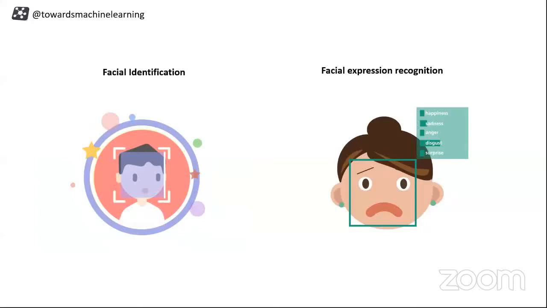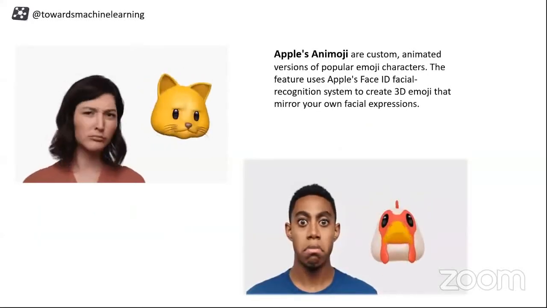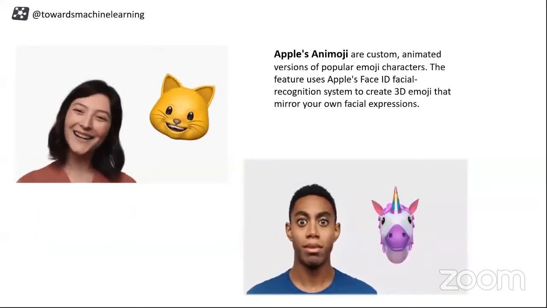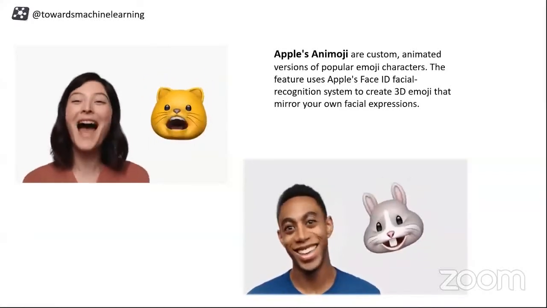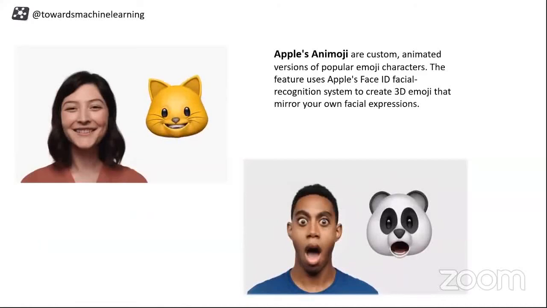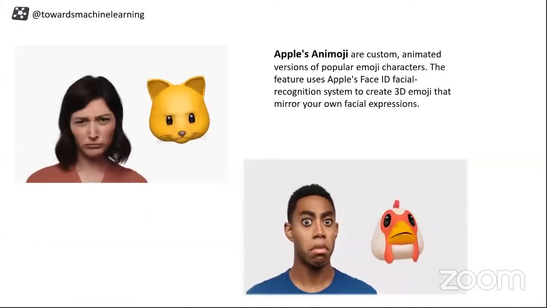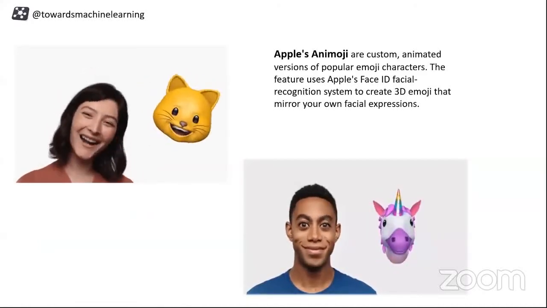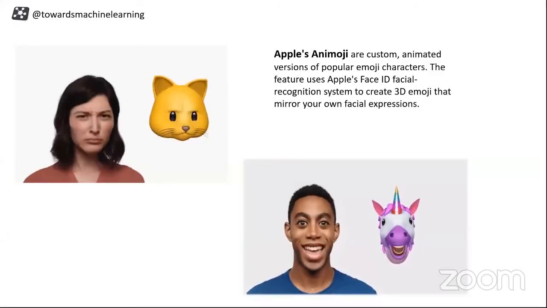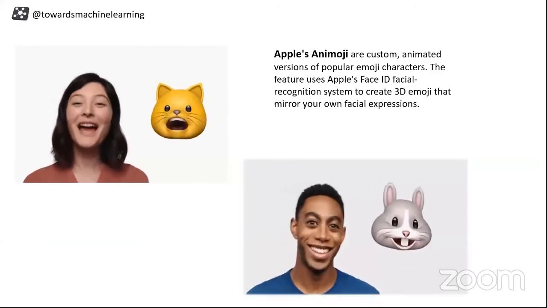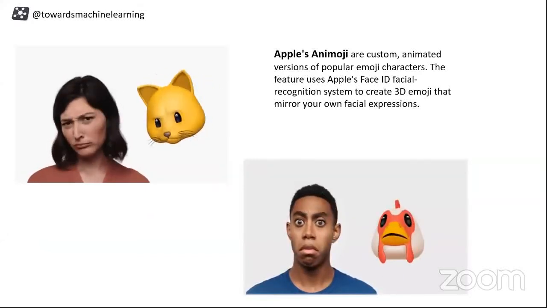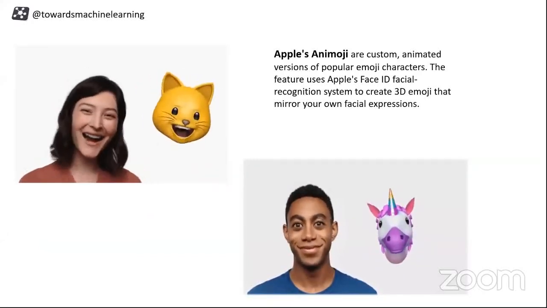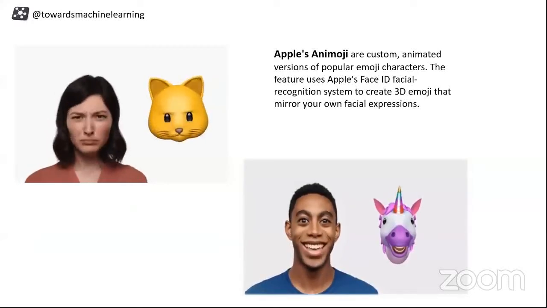So yeah, next thing you can see in Apple as well, in some of the last updates, they have introduced Animoji, in which the emoji can track your facial expression and imitate it. Apple also uses this, and a few of you who might have attended my previous lecture on CNN and introduction to CNN, there we also saw some applications where Apple has used background blurring, making the background black.